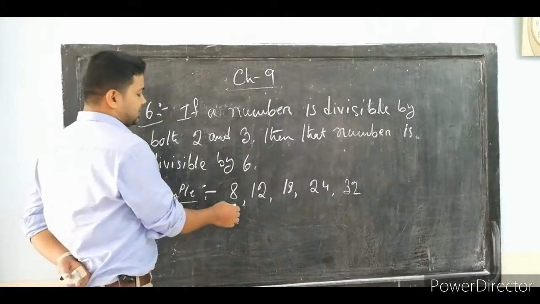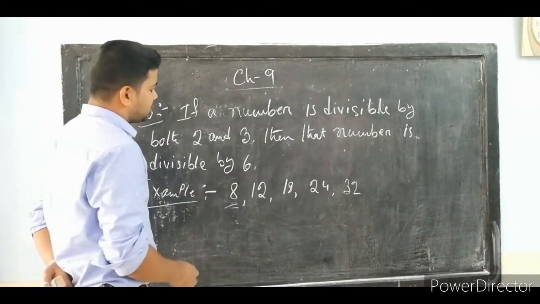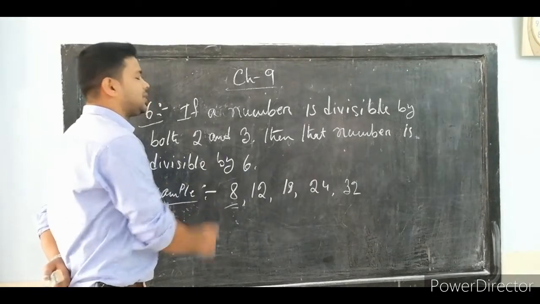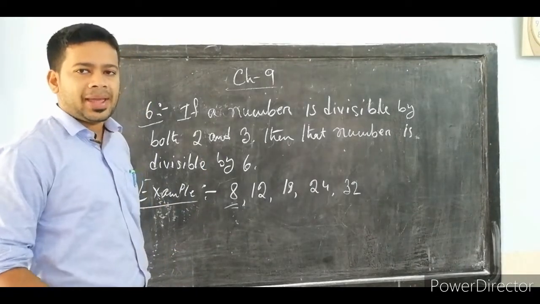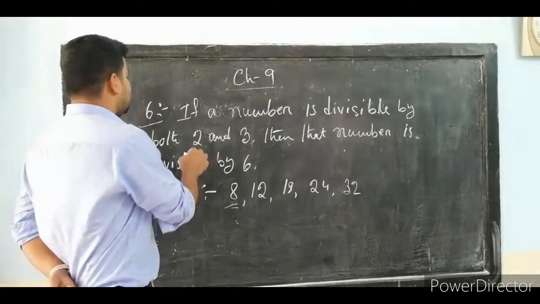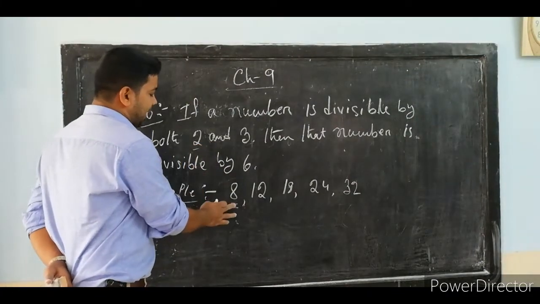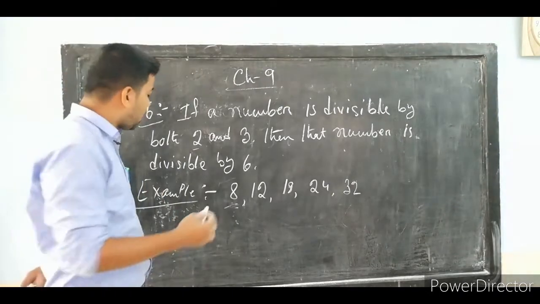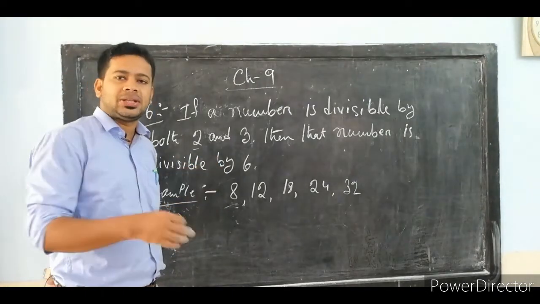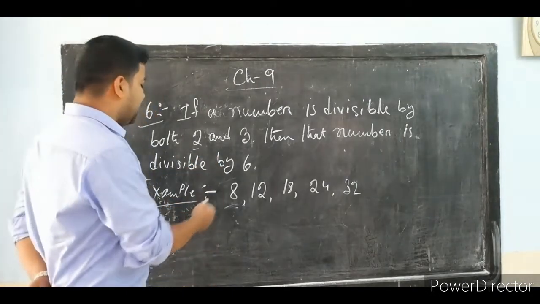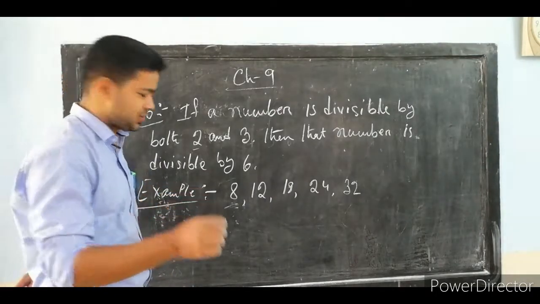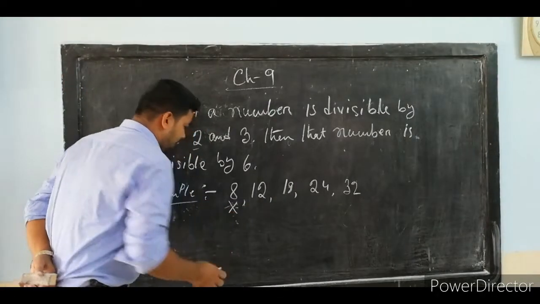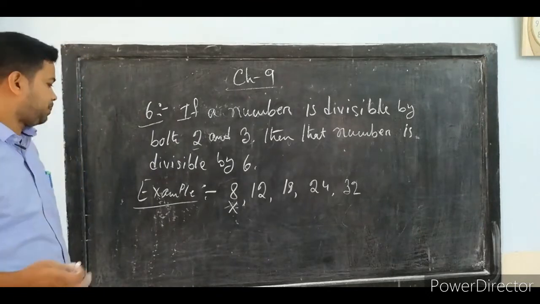The first number is 8. Since it's an even number, it is divisible by 2. Our first condition matched. But 8 is not divisible by 3. Since it is not divisible by 2 and 3 both, 8 is not divisible by 6.